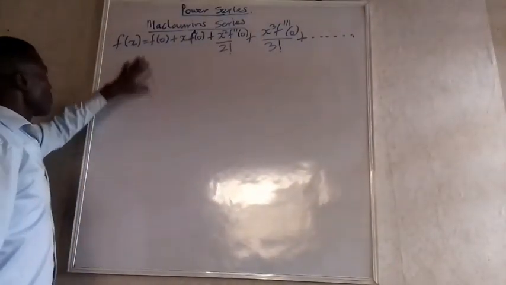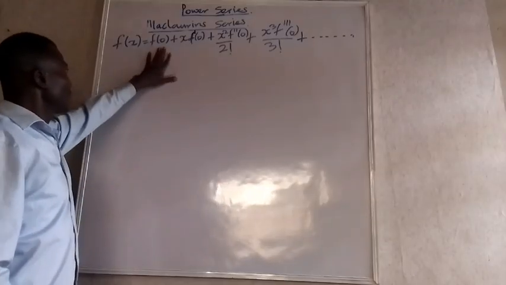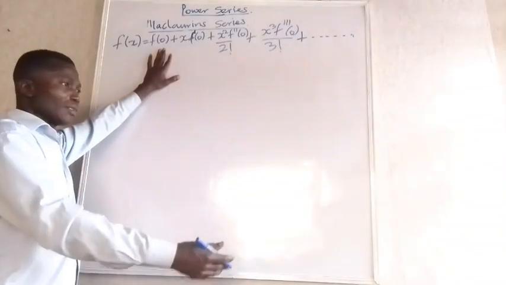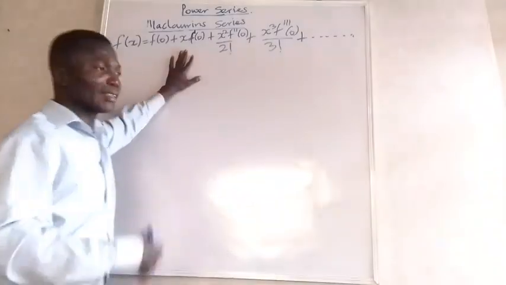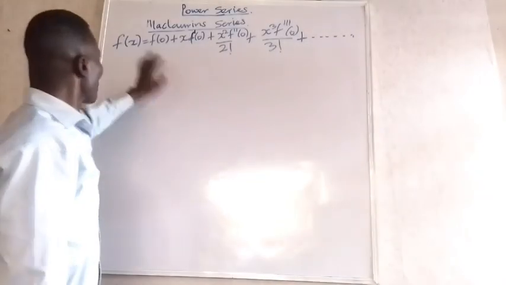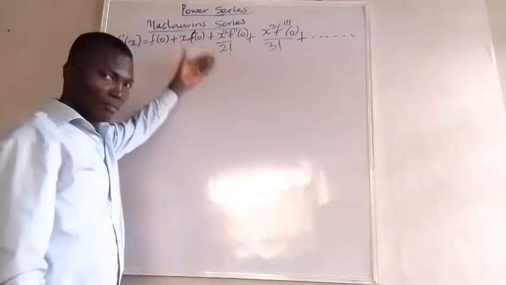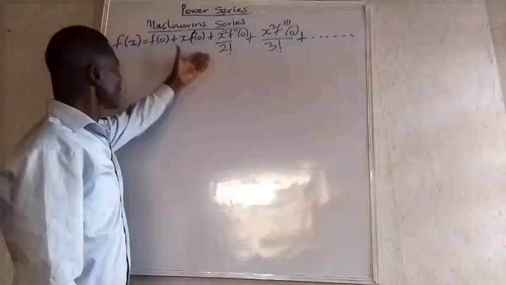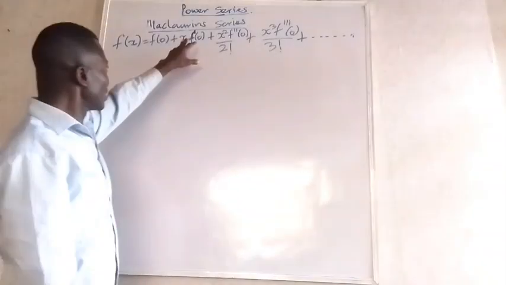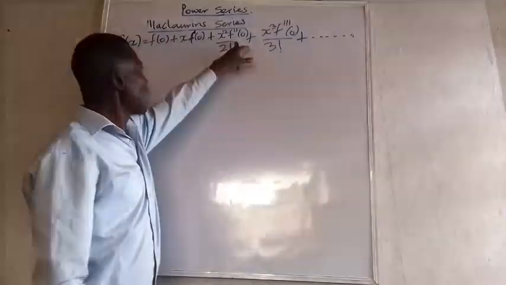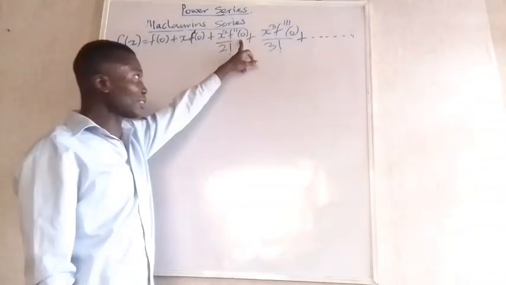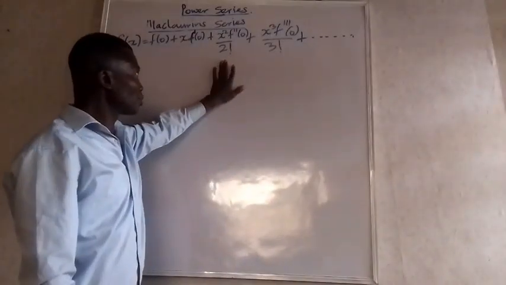But here, the first term a is f of 0. For the second, it is the first differential of f(x) with 0 substituted for x, multiplied by x. Then the second differential with 0 put in, multiplied by x squared over 2 factorial.